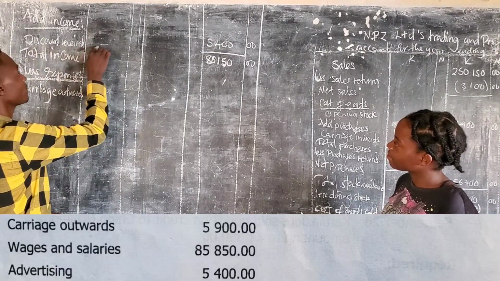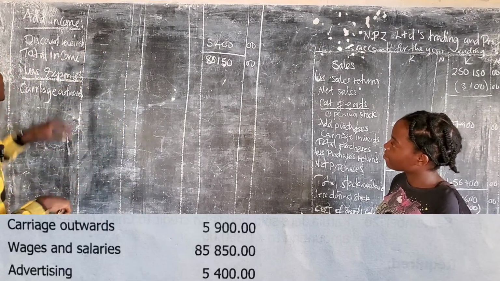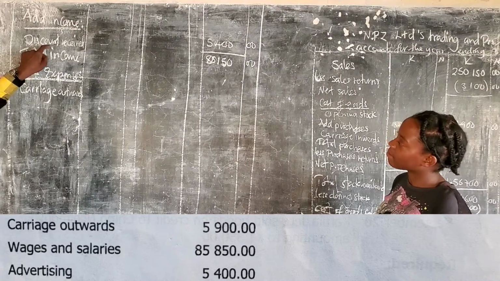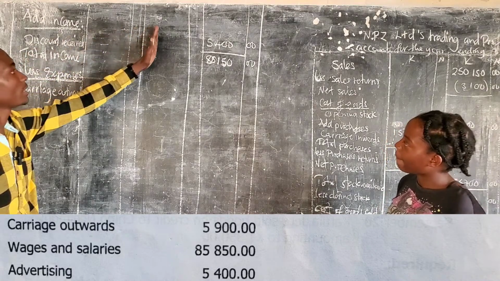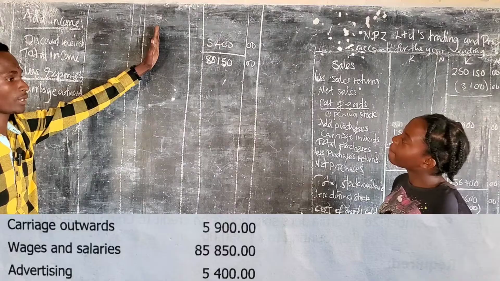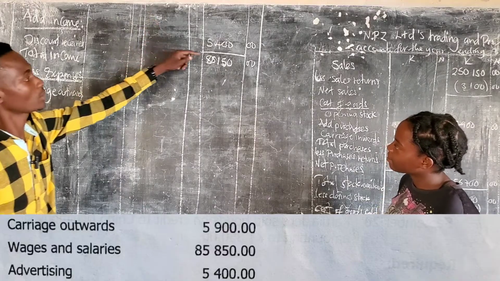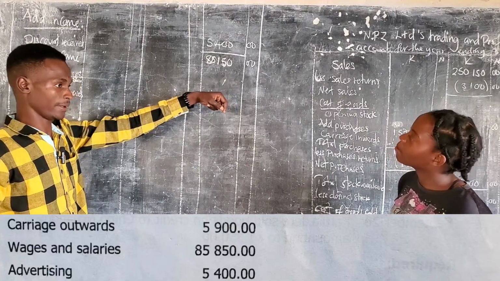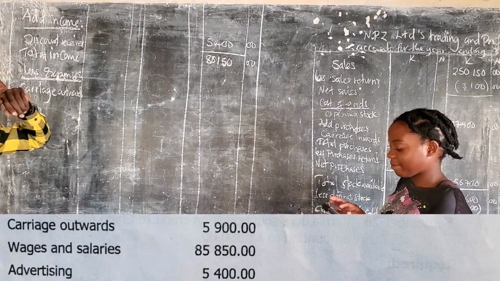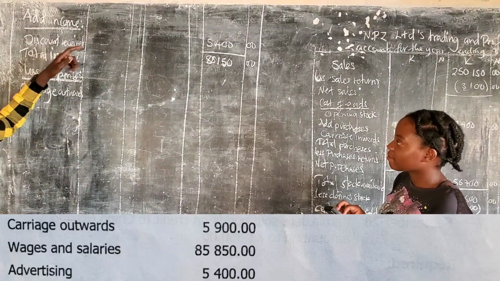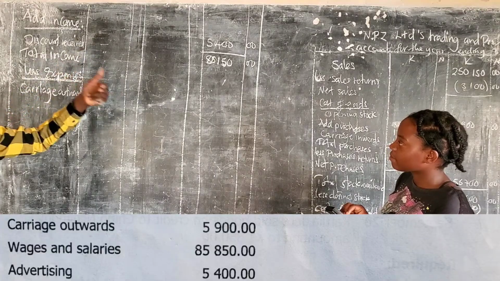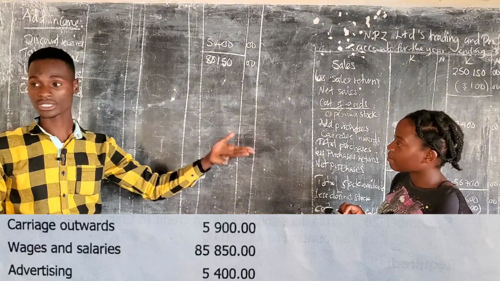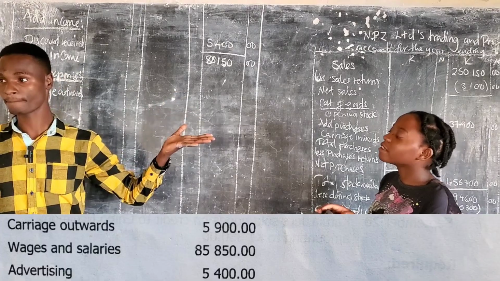If we had more than one income item, the two would have been here. When you add the total, that is the one you add to the gross profit or gross loss. And just for information, apart from discount received, you can also have dividend received, commission received, rent received.